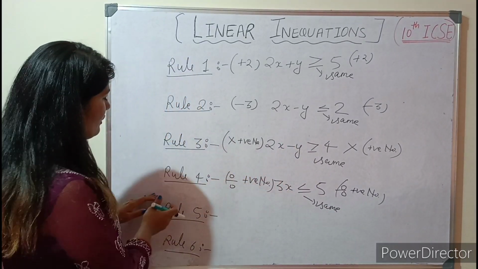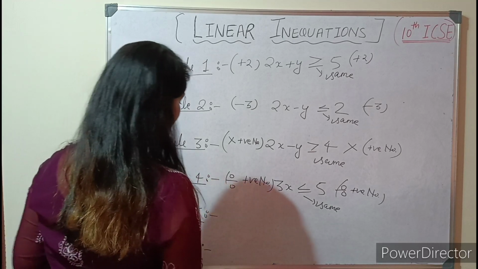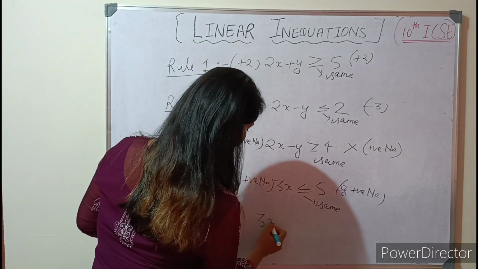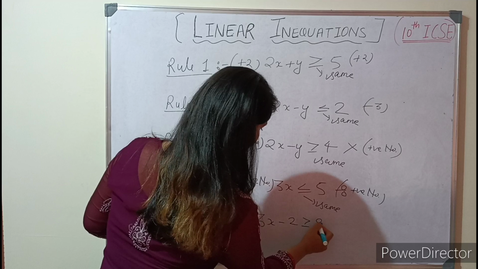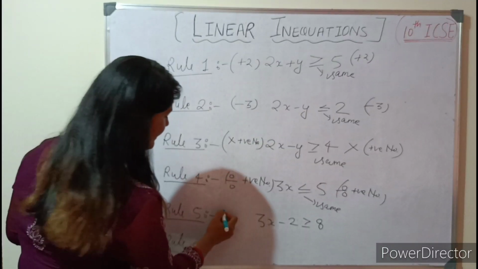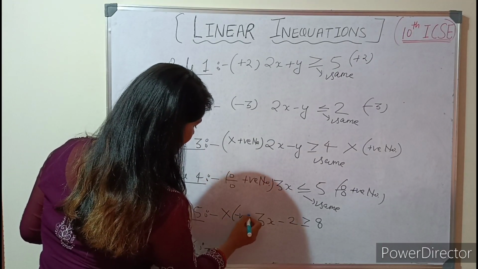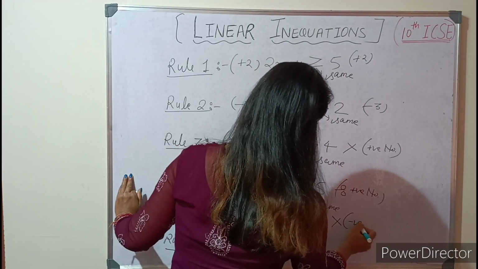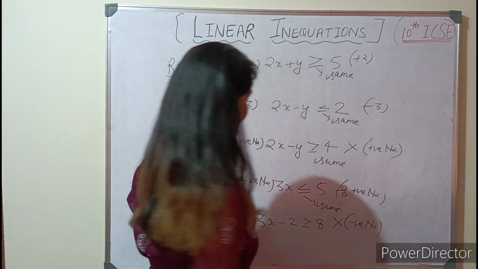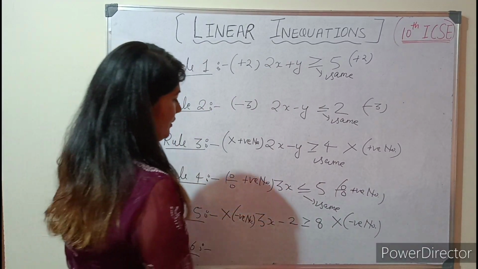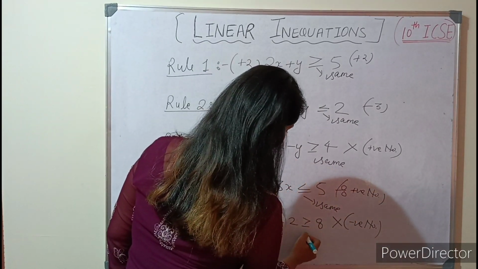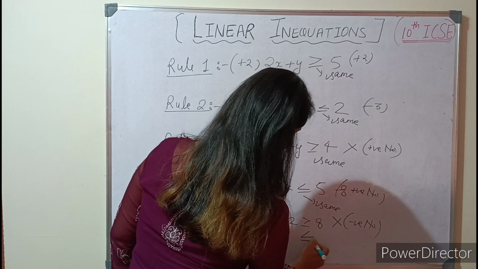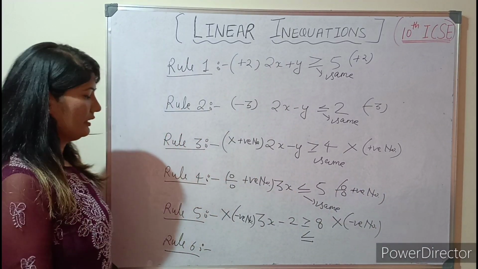Now moving to rule number 5 and rule number 6. Rule number 5 states that if you multiply both the sides by any negative number, now in this case your sign will be changed. So here your sign will be now this way. Right?